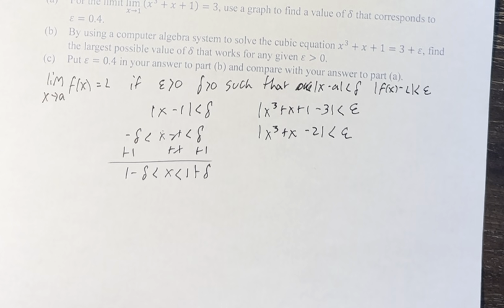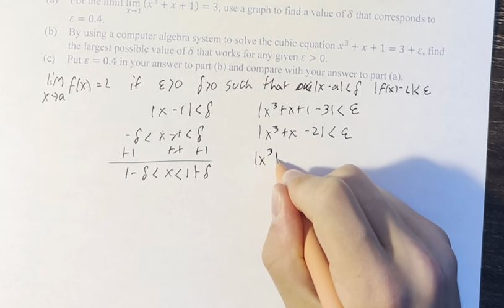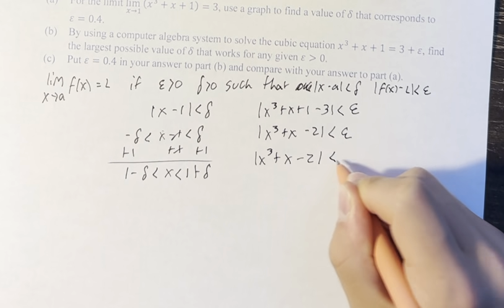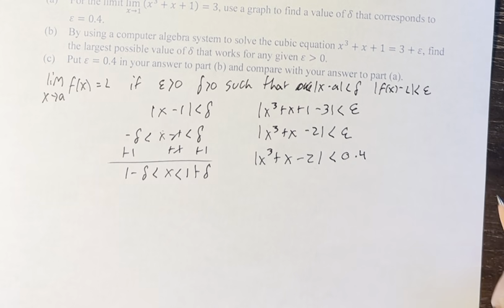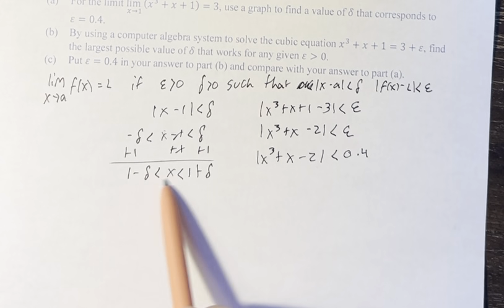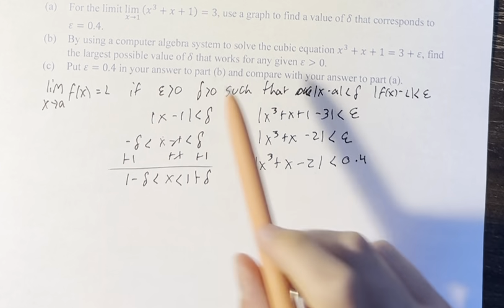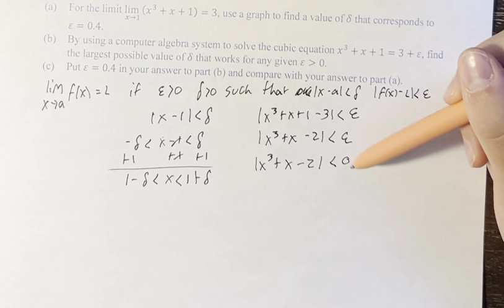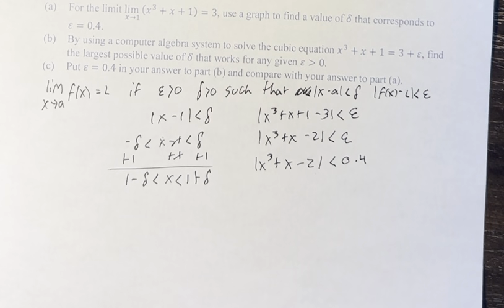We have to have x cubed plus x minus 2 less than 0.4. We are basically saying that for a certain delta where x is varying from 1 by that much, the function can vary by up to 0.4 from 3, which is the value at 1 itself.